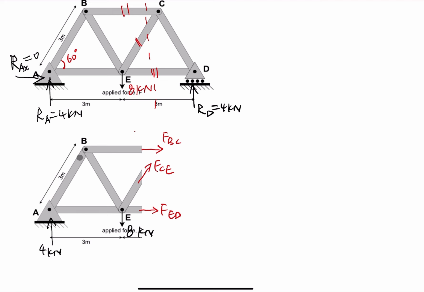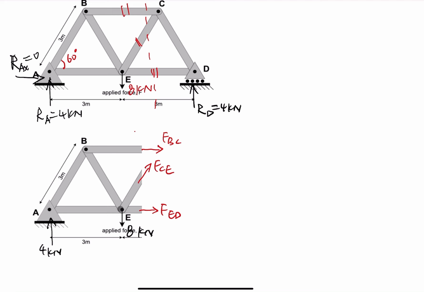First of all, I need to apply the moment equation of equilibrium at joint E, because we find FCE and FED go through one point. This is joint E. So if we calculate the moment at joint E, we don't need to consider FCE and FED because they go through this joint.